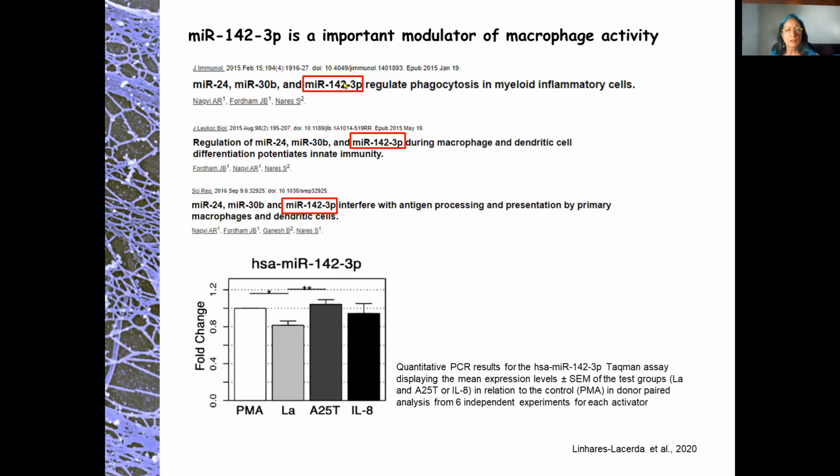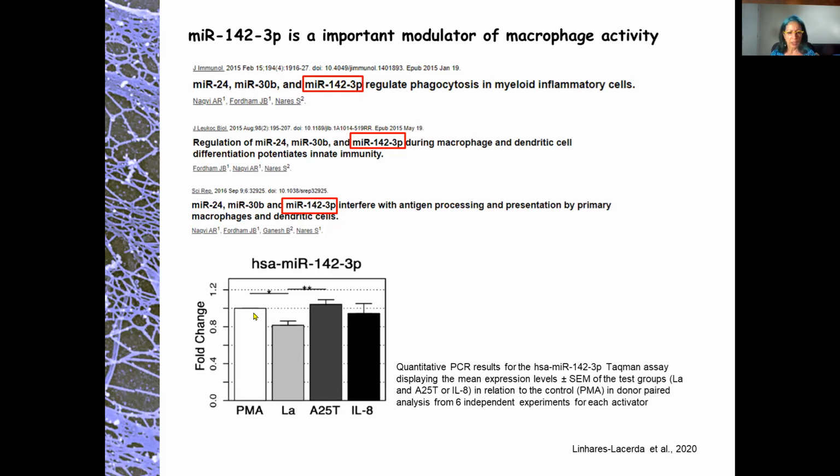And we decided to study this microRNA in particular because it has already been shown that it regulates phagocytosis. It's important in the differentiation of macrophages and dendritic cells and potentiates the innate immunity, and also interferes with antigen processing and presentation by macrophages and dendritic cells.